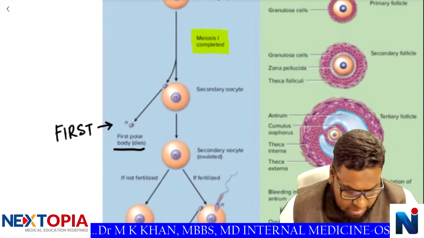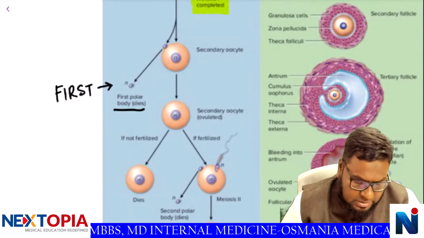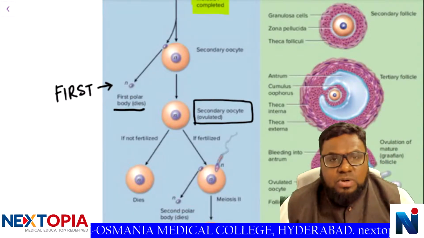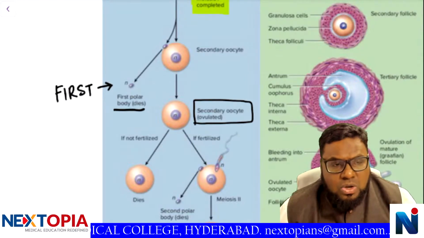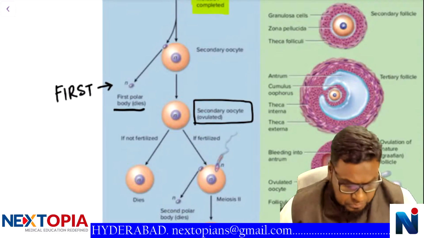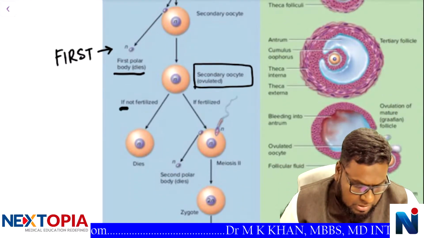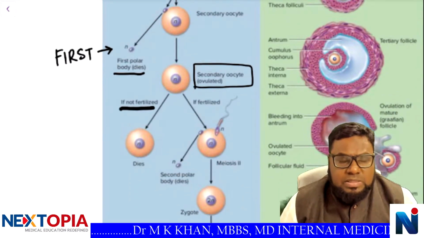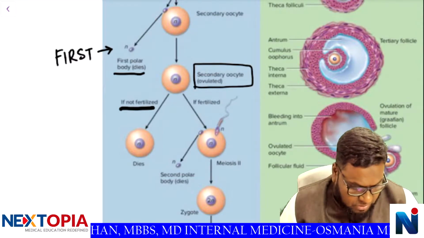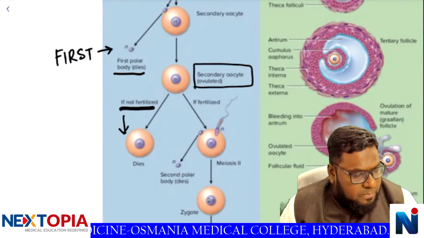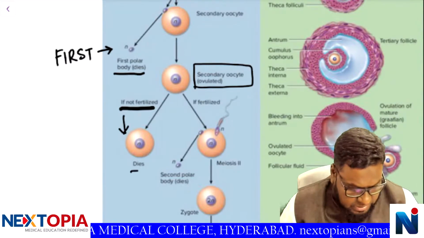Alright, after that, ovulation occurs. The secondary oocyte is ovulated. At the stage of ovulation, what is released is the secondary oocyte. If the egg is not fertilized, if the sperm is not present in the cavity, the secondary oocyte also dies.